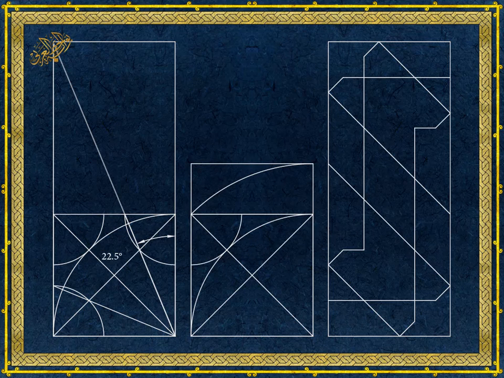To construct the secondary rectangle, craftsmen added a square to the root 2 rectangle. By adding a square, it looks like the secondary rectangle is in fact a combination of the previous primary rectangle plus a square.